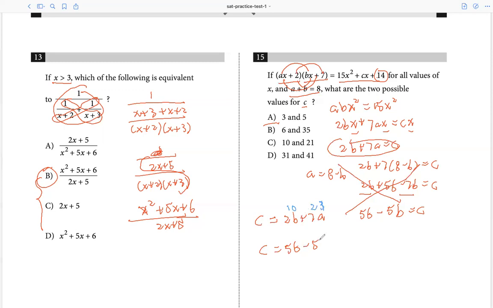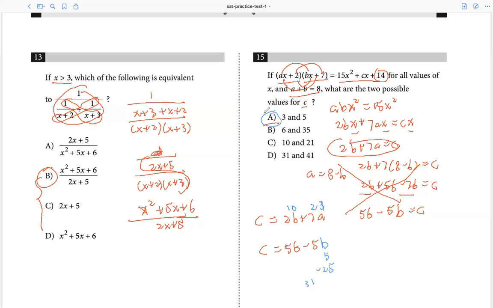So that's 56 minus 5b. If b is 5, right? Negative 5 times 5 is negative 25. And 56 minus 25, indeed 31. Okay, so the first one works, right?